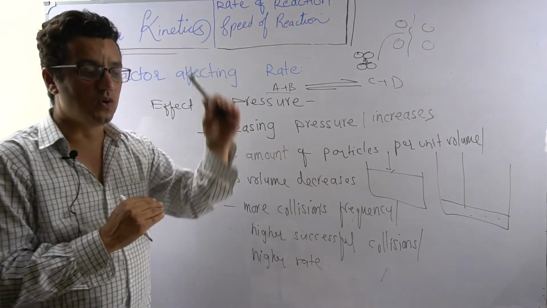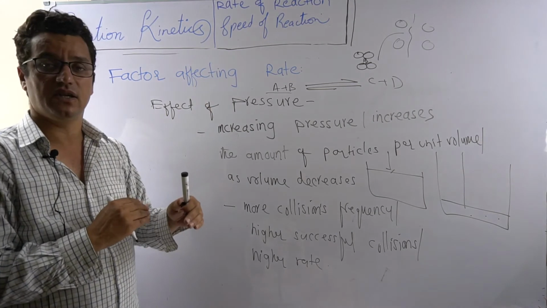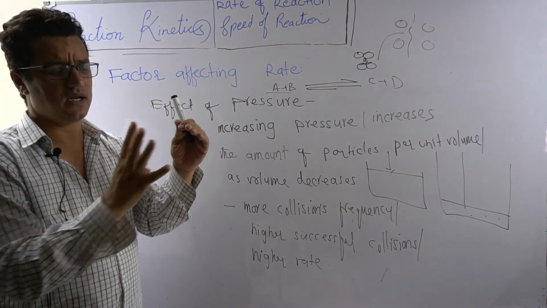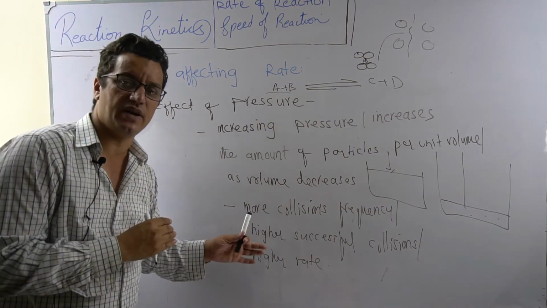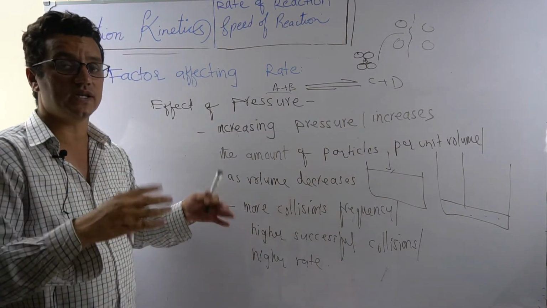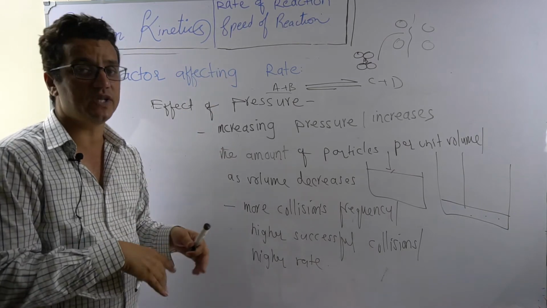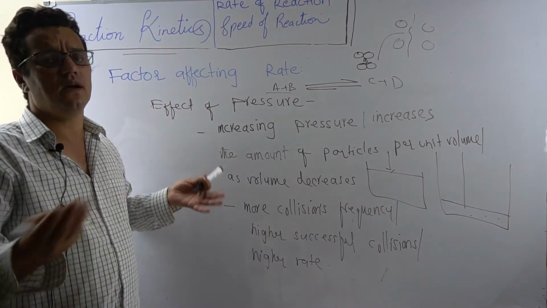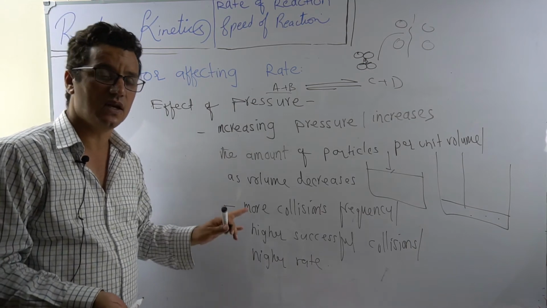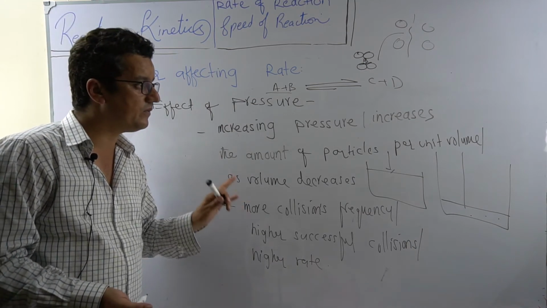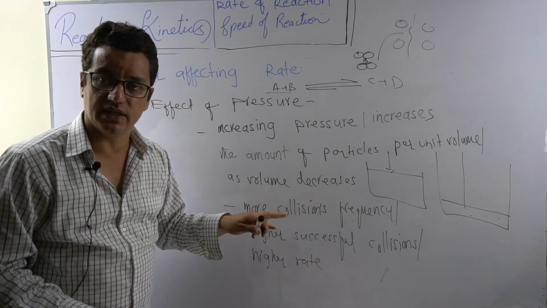If you increase the pressure, the volume decreases, particles come face to face, and collision is the prerequisite for a chemical reaction. If the frequency of collision has increased, then obviously the frequency of successful collision is high.